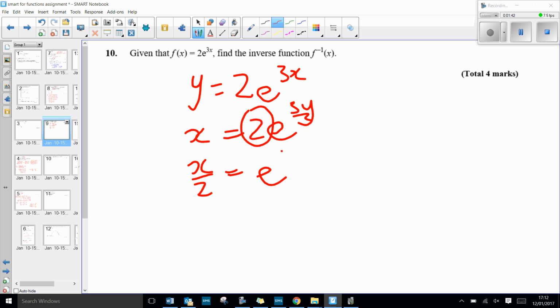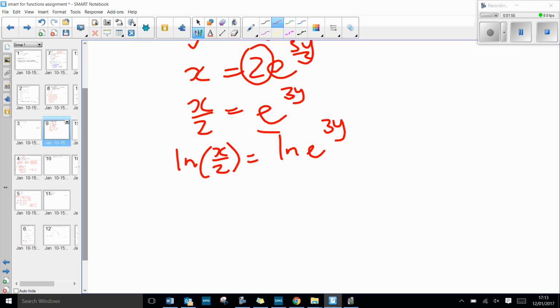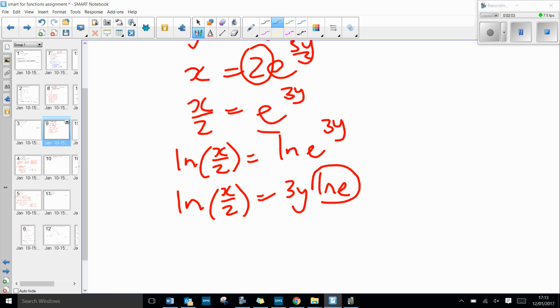And then we would take natural logs because of the base e. By the rules of indices and logs, the power can come in front. And log base e of e is equal to 1, so that goes. Now we need to divide by 3.